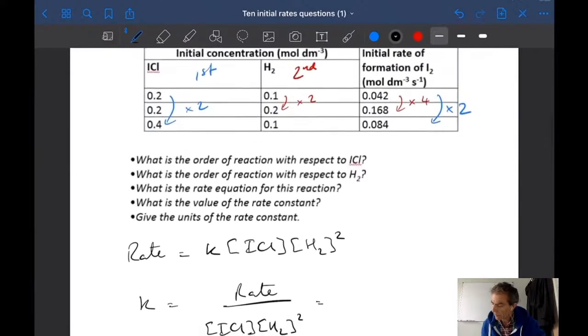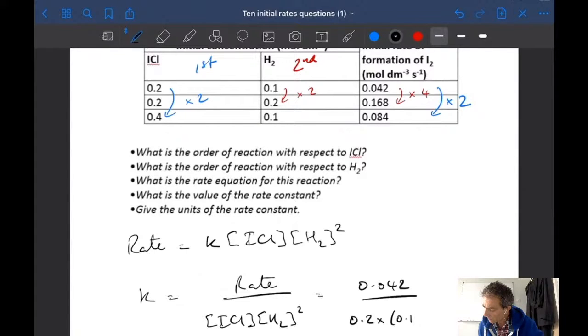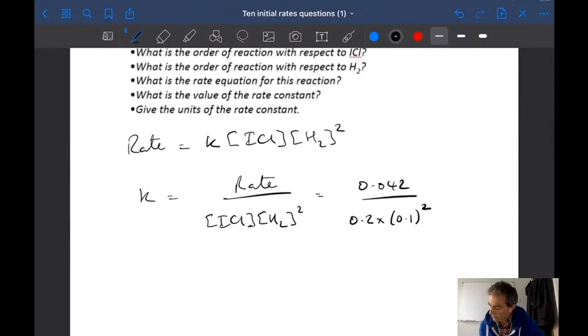Put the numbers in, I'm using row 1, so we've got 0.042 divided by 0.2 for the ICl times 0.1, but that's got to be squared. So that gives us a numerical value for K of 21.